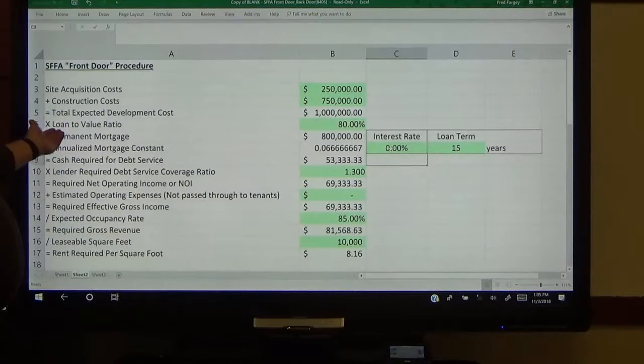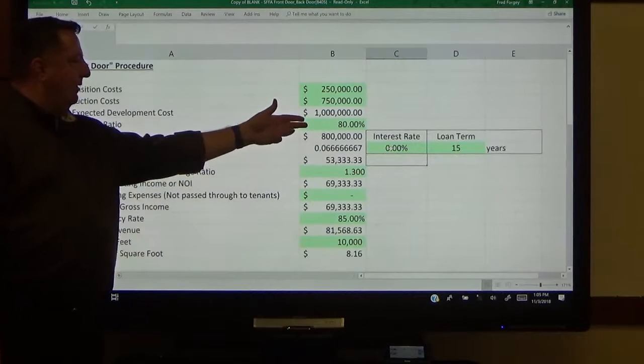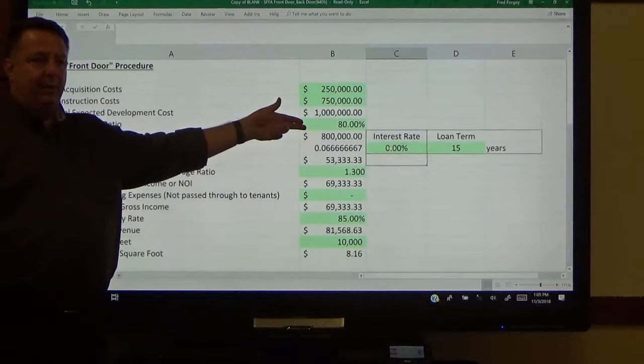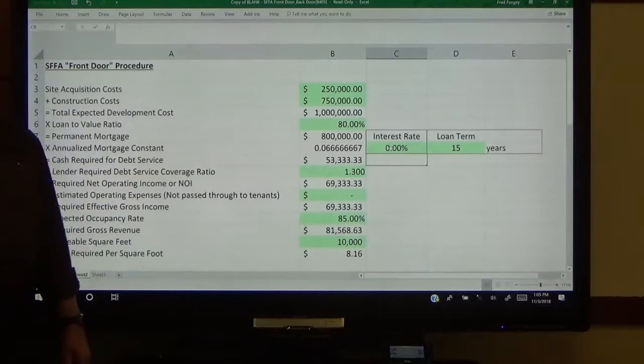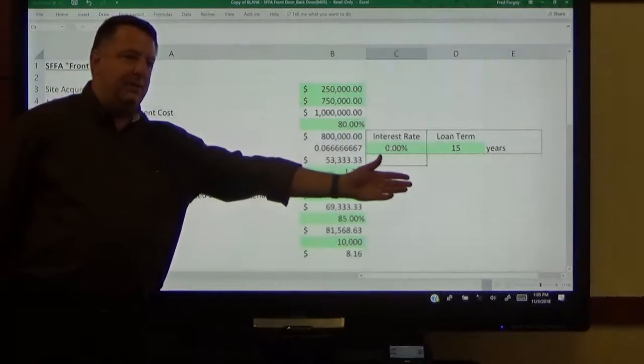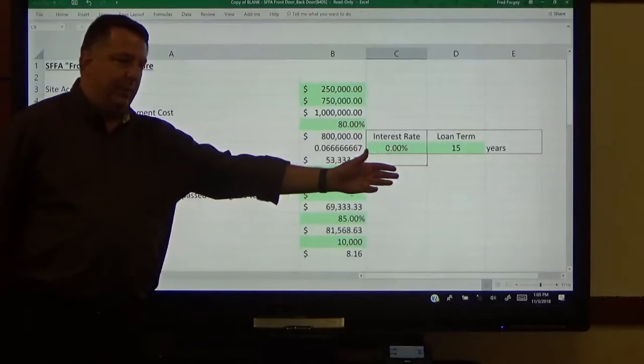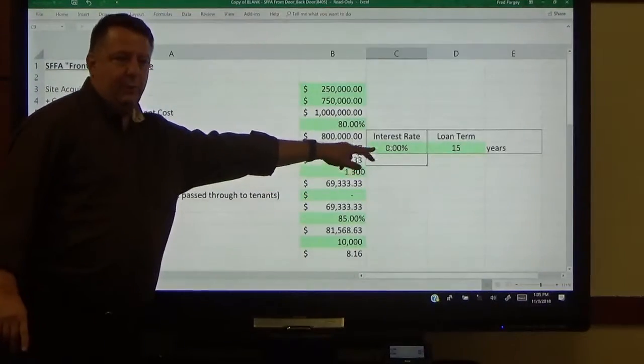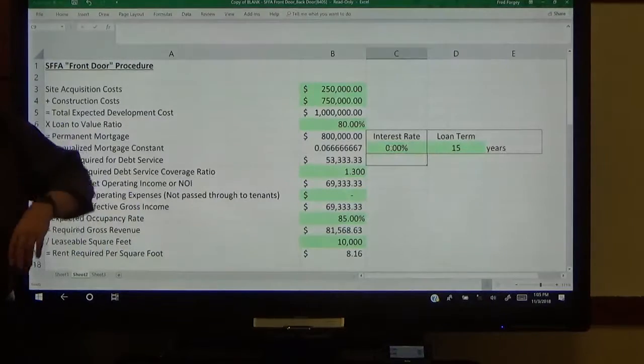You may have a better relationship with your lender than somebody else does, so you're able to get an 85 or 90% loan-to-value ratio, where they're maybe only able to get a 60% loan-to-value ratio. Same sort of thing on the interest rate and the term. You may get a better deal than somebody else.